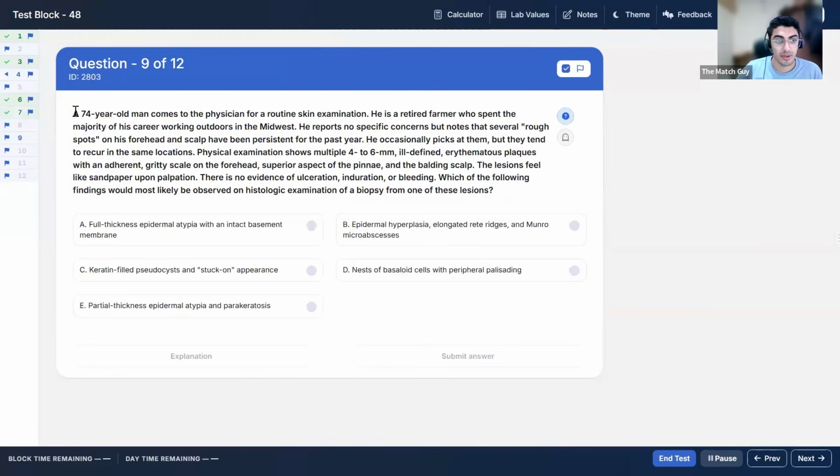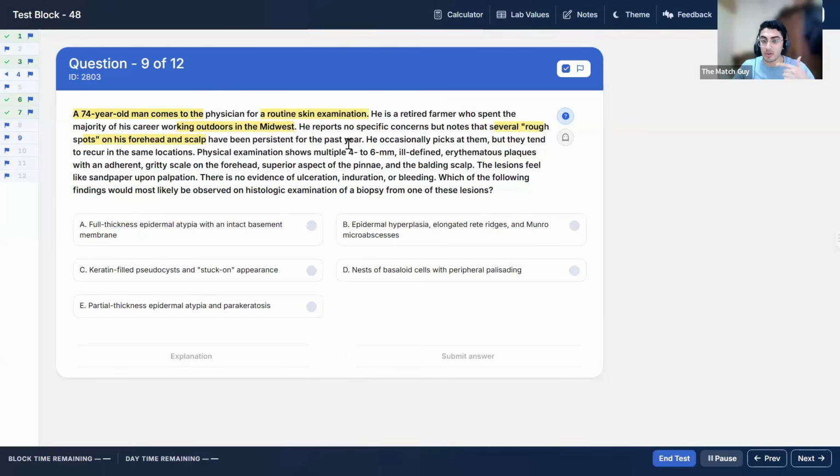Okay. A 74-year-old man comes to the physician for a routine skin examination. He is a retired farmer who spent the majority of his career working outdoors in the Midwest. Okay, so it means that he had lots of sun exposure. He reports no specific concerns but notes that several rough spots on his forehead and scalp have been persistent for the past year.